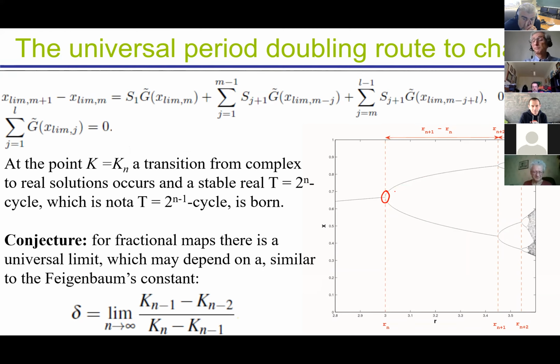So there is a bifurcation in the corresponding equations. Here, 2 extra solutions in the equations appear, which for smaller values of k were complex solutions. Now they become real solutions. So it's a kind of bifurcation point, and then the next bifurcation point, and so on.